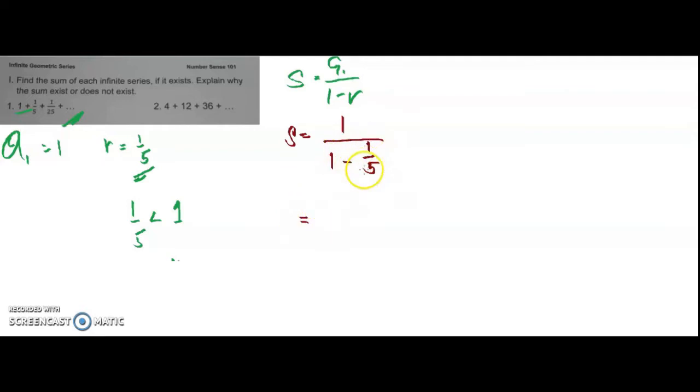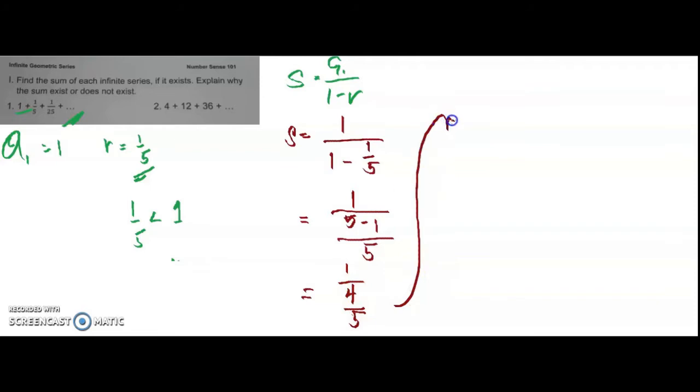Now, evaluating this fraction over here, we have 1 over 5 minus 1 over 5, right? So that is 5 minus 1, that is 1 over 4 over 5. Okay, paano natin gagawin to?